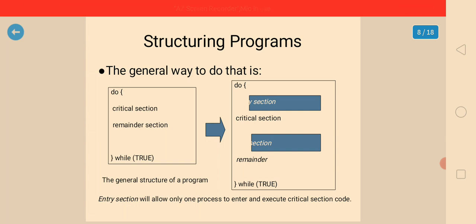Here we are going to set the boolean values for the variables, then do, the entry section, after that the critical section, then the remainder section, and close this while loop with true.